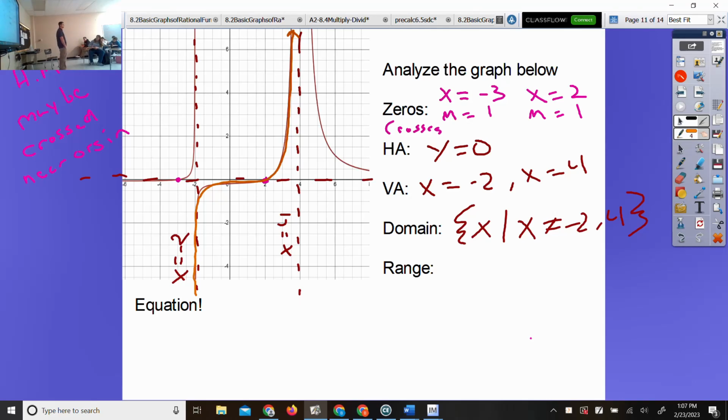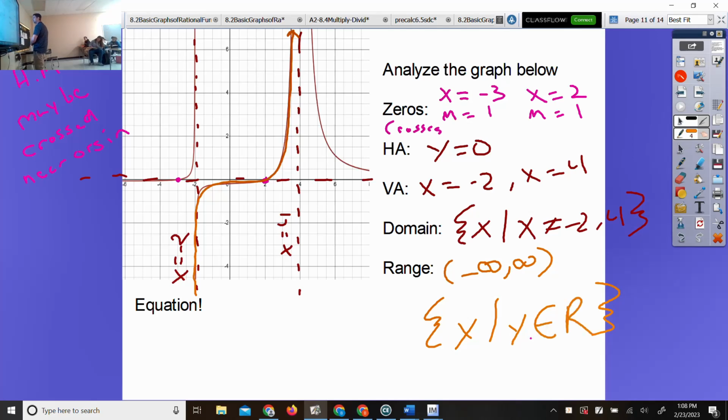Nope. There's no gaps. So if you like interval form, it's definitely negative thing, positive thing. But I hate for you to take the ACT and not completely understand set builder either. How do you write that using set builder? Y is everything real. All values of y such that y is an element of the reals.